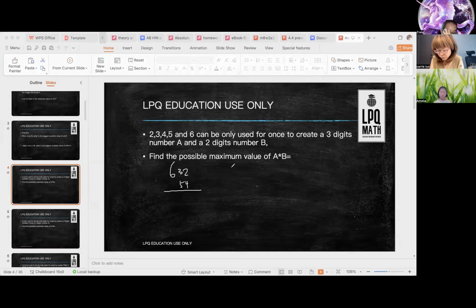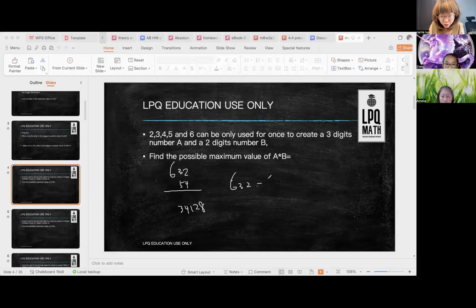That's the biggest one I ended up with. 632乘54 equals 34,128. 342比之前那个大。因为632减去54的differences小于642乘以53，对吗？对，所以这个的differences比它小，所以它就更大了。Very good.